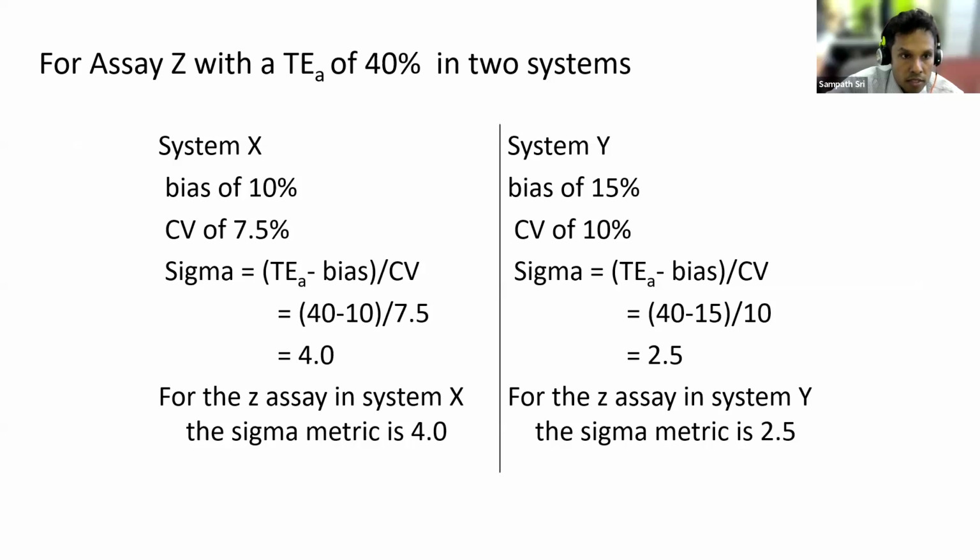For system X, our sigma is 4, and for system Y, our sigma is 2.5. So we know that 4 is better than 2.5. We can easily compare these two systems, and we know that system X is performing better compared to system Y. What is the importance of this?